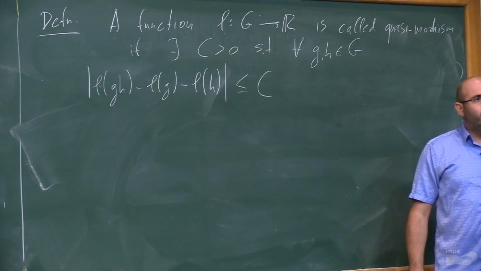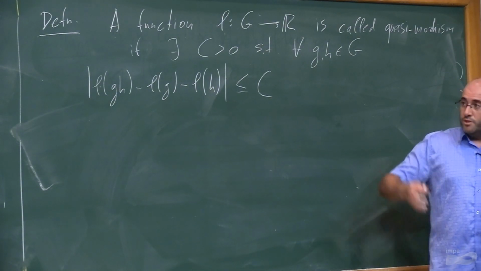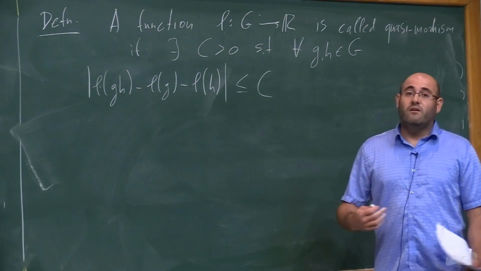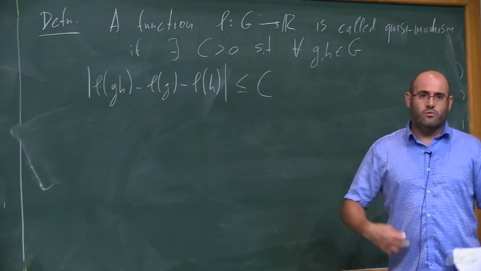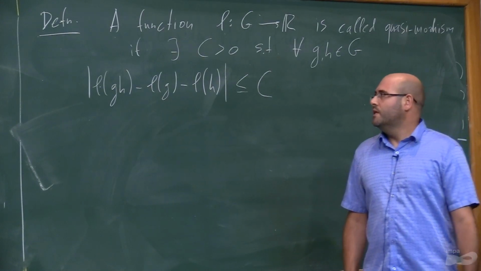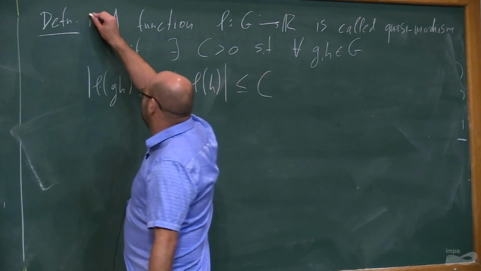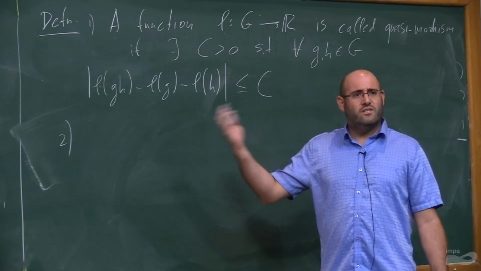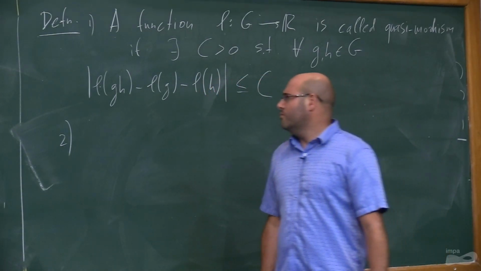But think about your group when your group is simple, for example, which is the case for many groups of diffeomorphisms, then there are no homomorphisms to the reals, and you would like to get rid of bounded functions. So this is definition 1. Given a quasimorphism, you can always homogenize it, and these are objects that we're going to work with.